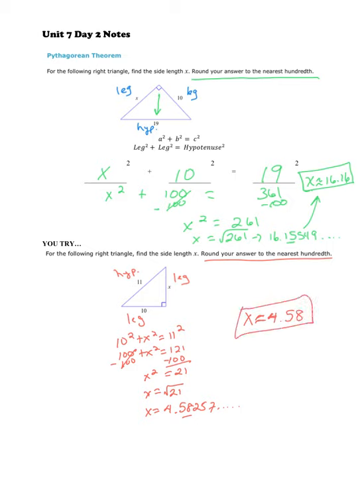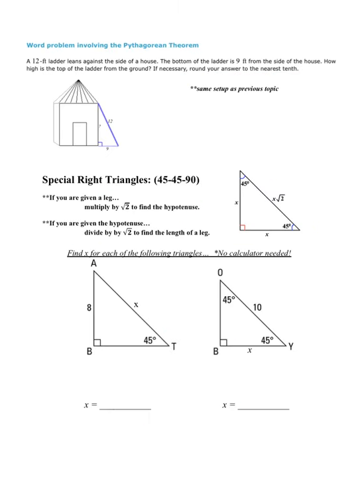Okay? So using the Pythagorean theorem isn't difficult as long as you remember what each part means. Next page, we're going to use it with indirect measurements and with word problems. Word problems aren't bad. Word problems are just logic.